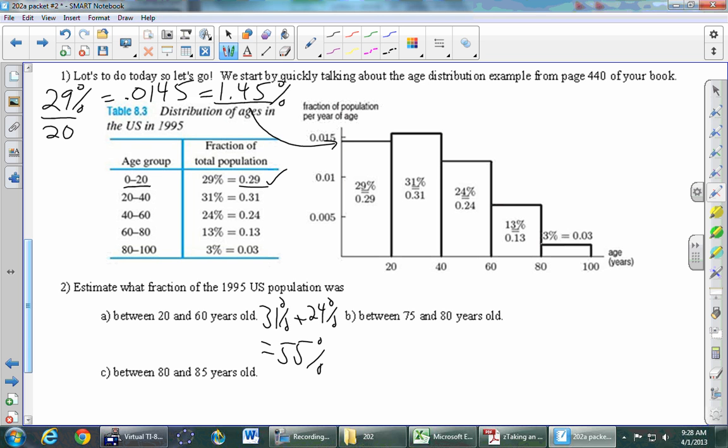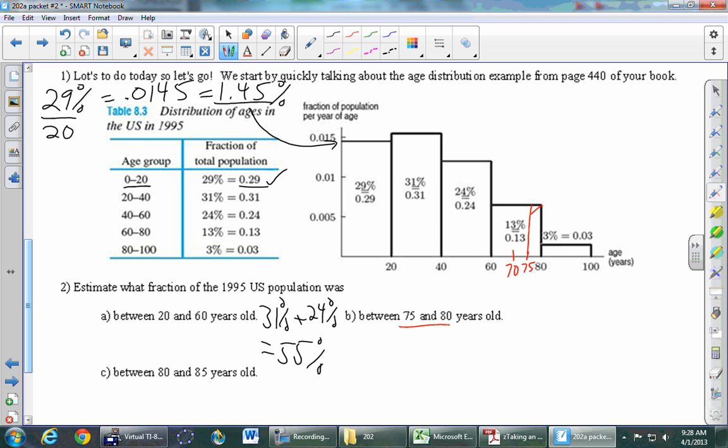Well, let's come to one that's going to be tougher for us. I want to know what percentage of the US population is between 75 and 80 years old. This is tougher because I don't have a 75 to 80 block. It's not a nice block of 20. So 75 to 80, let's see. 70 is right here in the middle, and 75 is again in the middle there.